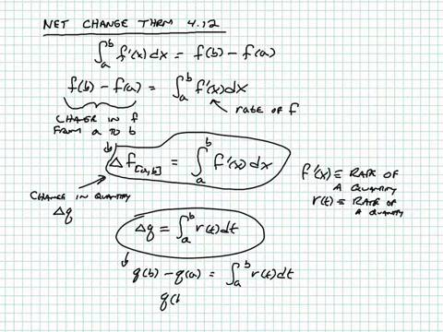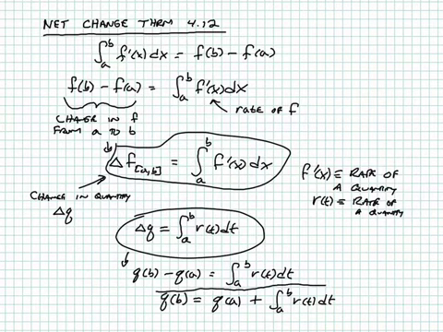And then I could solve for q at time b, which is q at time a, plus the definite integral from a to b of the rate of q dt. And this equation down here is the same as what we were looking at in previous videos when we're using the first fundamental theorem of calculus. Okay, so let's look at an example of this.